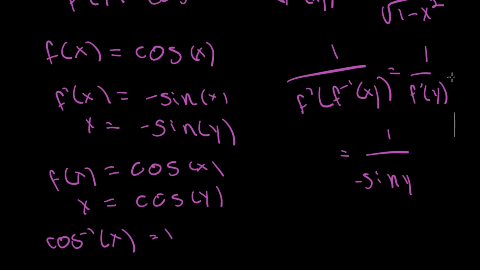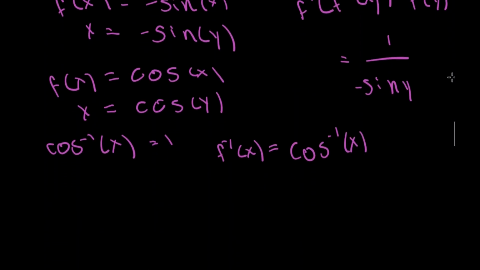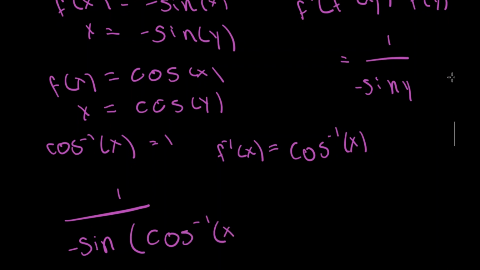So we can change the notation as f inverse of x is equal to inverse cosine of x. And then we can now substitute this into this, right? So we have 1 over negative sine of inverse cosine of x.